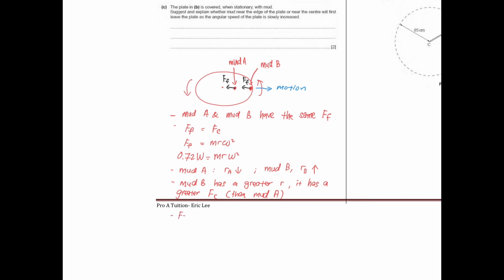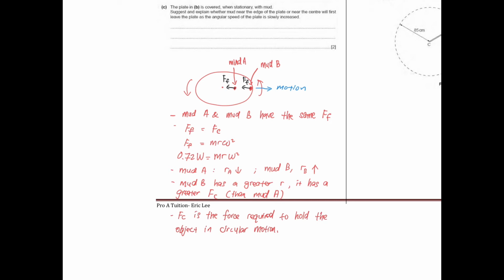Centripetal force is the force required to hold the object in circular motion. So that means mud B has a greater centripetal force. Mud A has a smaller centripetal force.